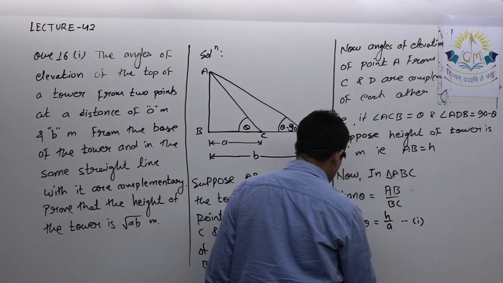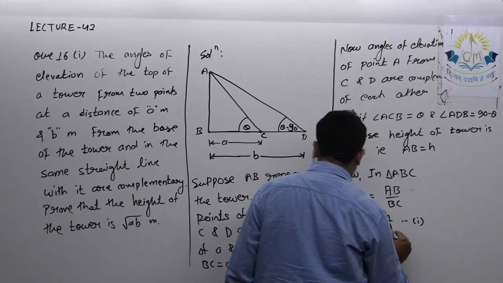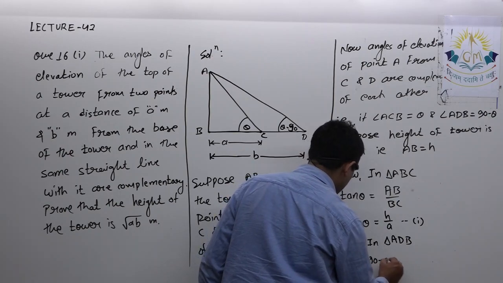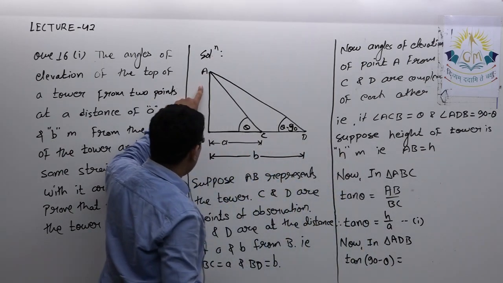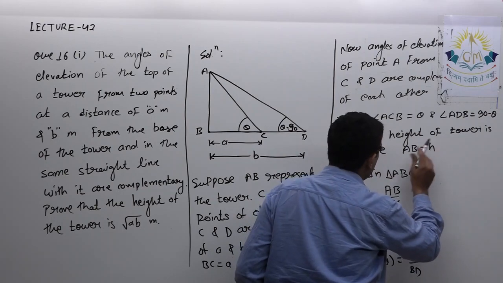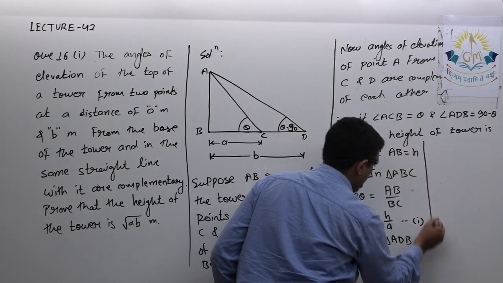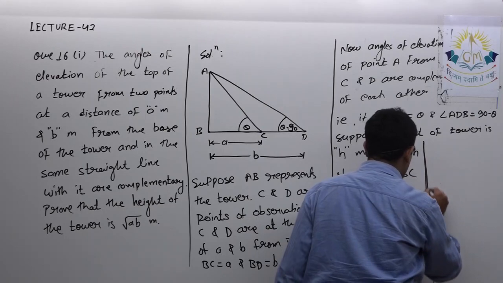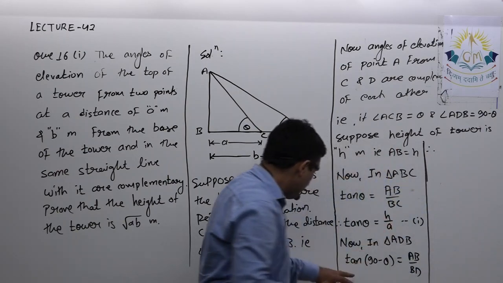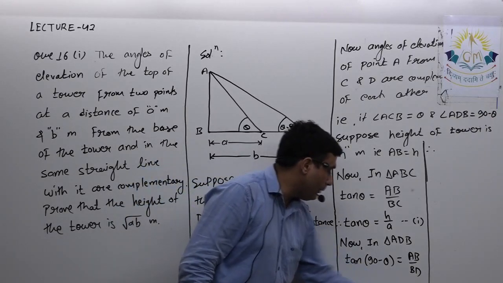Now in triangle ADB, tan of 90 minus theta is equal to, again perpendicular upon base, that is AB upon BD, so it is h upon b. Therefore, this is tan 90 minus theta, and if you know the basics of trigonometry, this is the trigonometric ratio of a complementary angle.